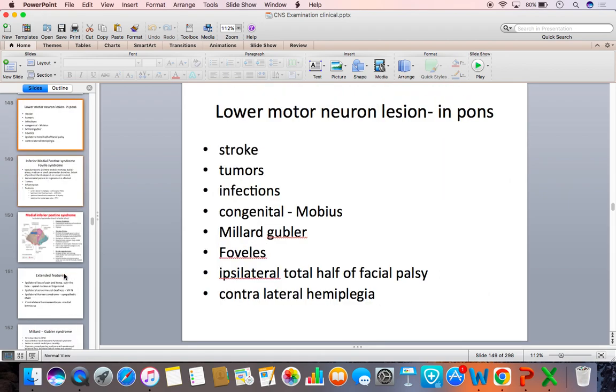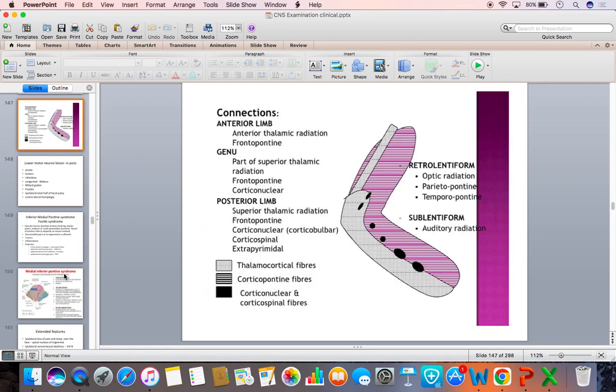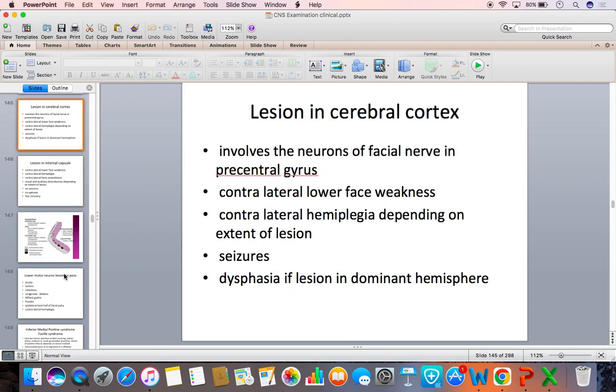Foville syndrome. The other ventral pontine syndrome is the Raymond syndrome, in which the facial nerve is not affected. It involves only the abducens nerve. But the lesions of the facial nerve are limited to the two lesions.